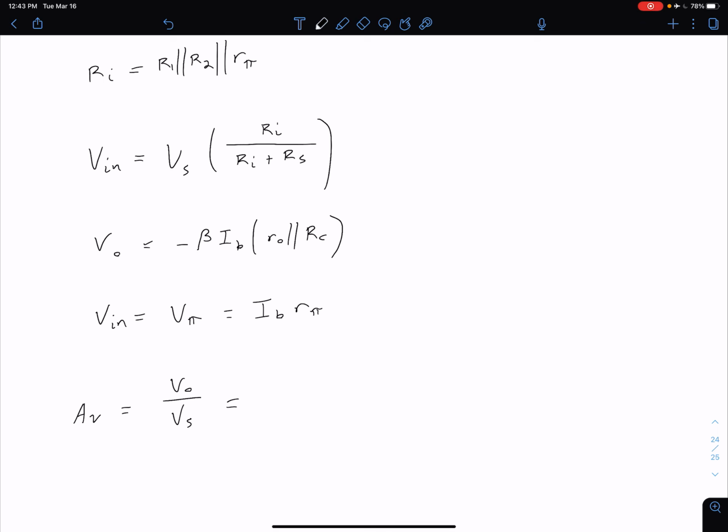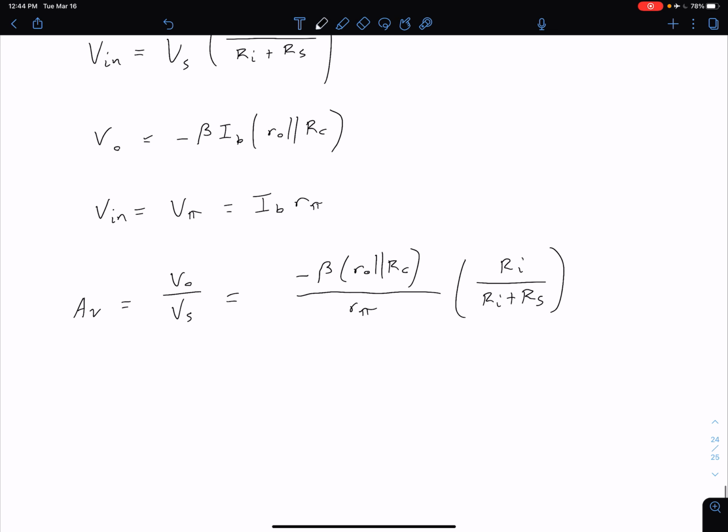And when we divide this output by the input, the IB term cancels out, and we're left with negative beta times R0 parallel with RC, divided by R pi, times Ri divided by Ri plus Rs. And so that would be our small signal voltage gain for this circuit.